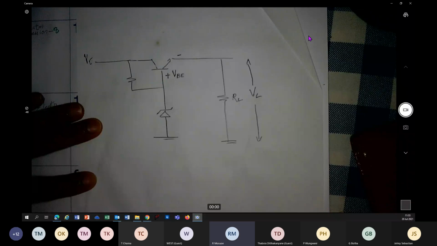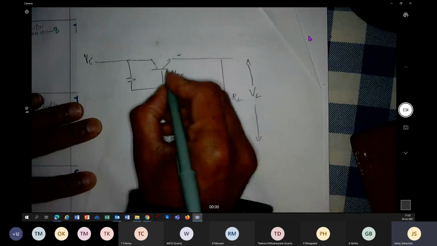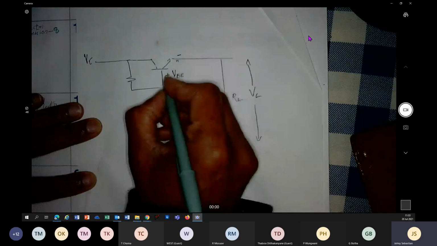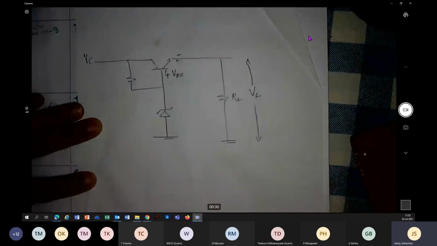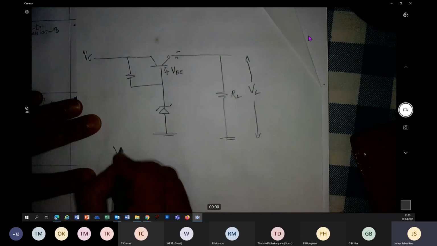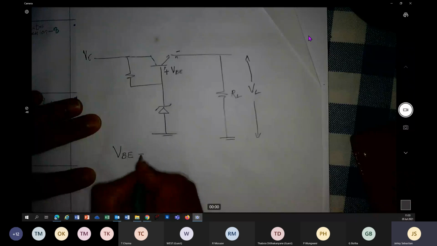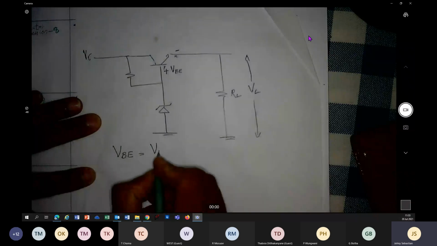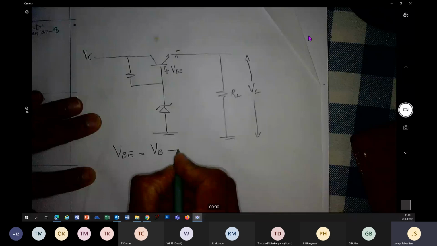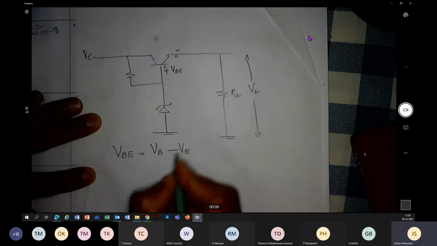Your base needs to be, because that is N, this is P. P needs to be more positive. Let me write VBE equals voltage at the base minus voltage at the emitter. Do you agree to it?